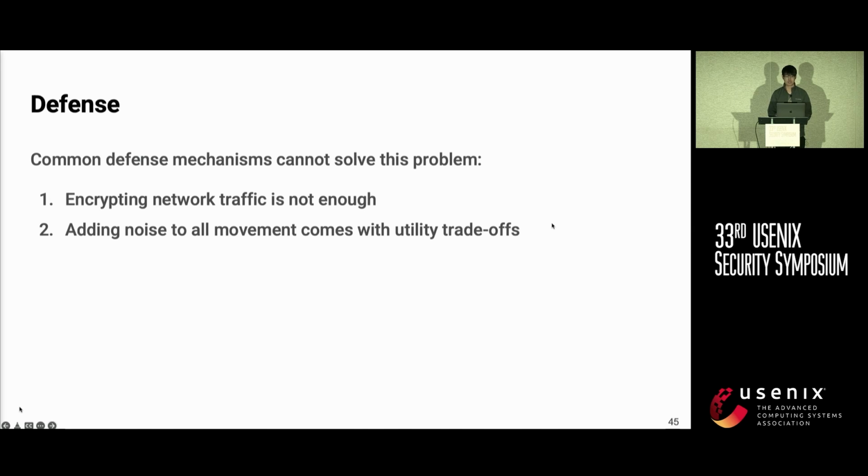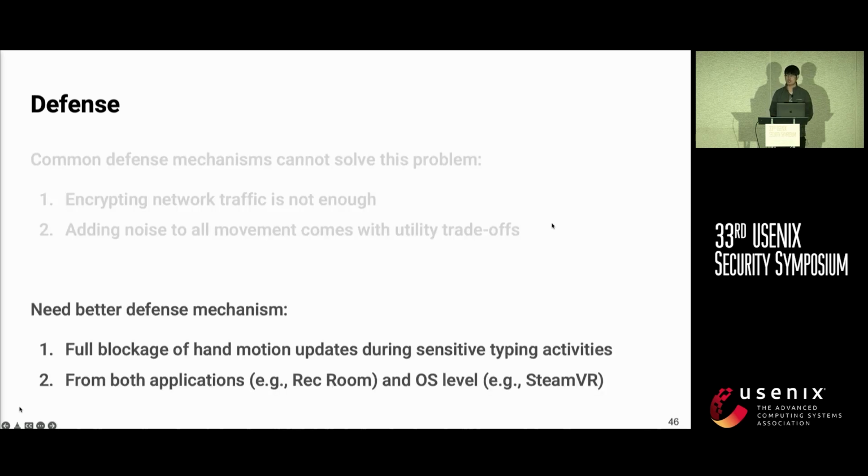And secondly, if you add noise to all the movements, it comes with utility trade-offs. The avatar movements are going to look a bit weirder, and it's probably going to make the user experience a bit worse. So we need a better defense for this.